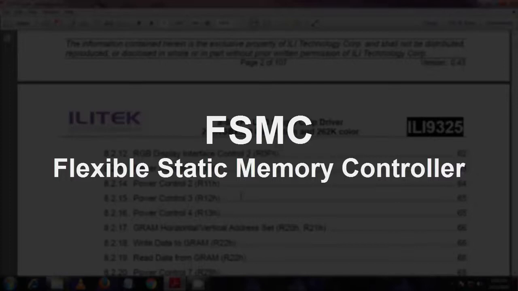FSMC is basically a means of interfacing external memories with the microcontroller. With FSMC we can use external memories for storing data. Till now we have only been using the internal memory of the microcontroller. But with the help of FSMC, we can even add extra memory chips to the microcontroller and use them for storing any kind of data.